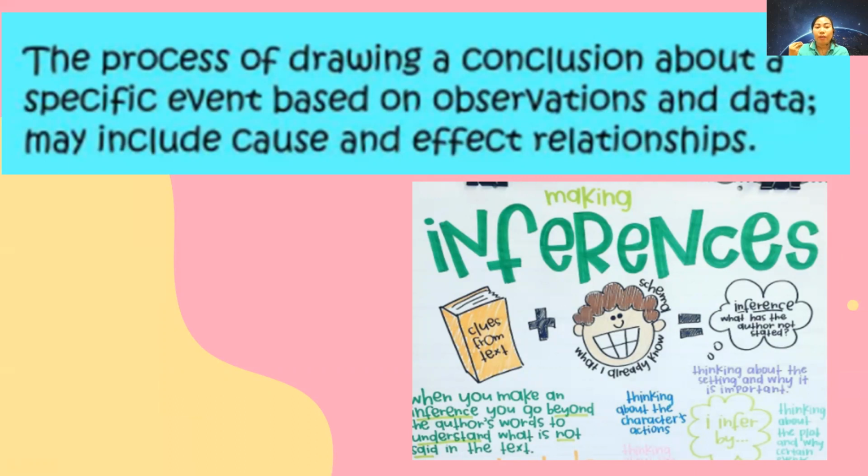So we are making conclusions from what we observe, what we measure, okay? What we predict, whether our prediction is true or not. So here it is the conclusion of all the activities that you have done, okay? It is making a conclusion.